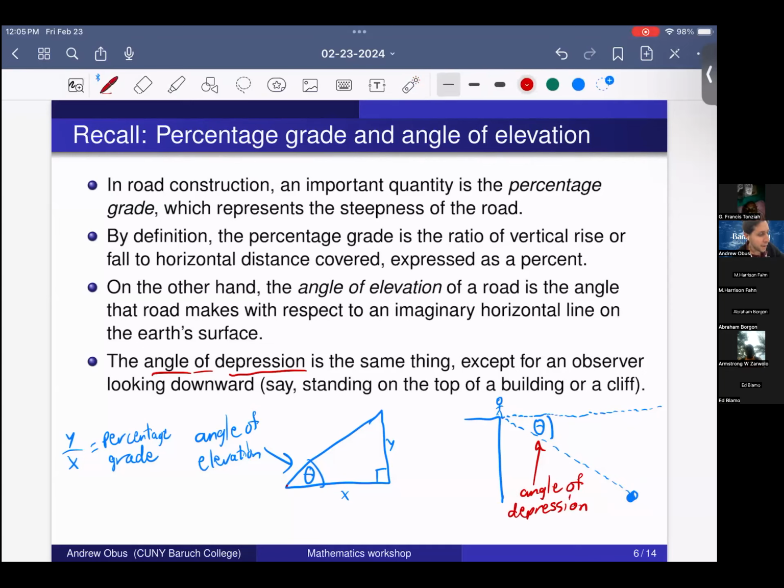Because if I draw this horizontal line also, these are what are called alternate interior angles, which means that they're going to be equal to each other. So this is the same angle theta over here, and it could be viewed as an angle of elevation from whoever's down here at the bottom. So the angle of depression is the same thing as an angle of elevation. It's just from the perspective of the person at the top rather than the person at the bottom.